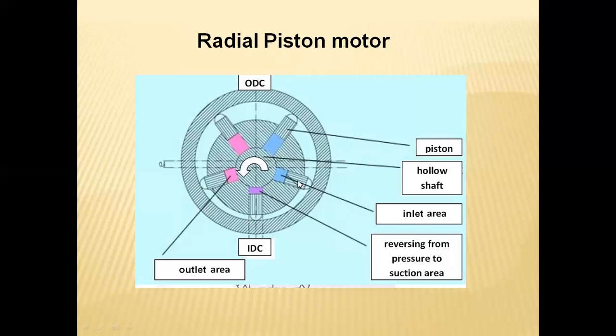This is an internal area that is maintaining a gap, and this is a narrow shaft which has its activity towards the rotations, reversing from pressure to the suction area. That is when there is an extended position, and this is the vacuum space, which will have the air gap.